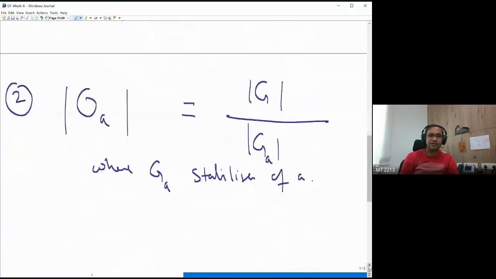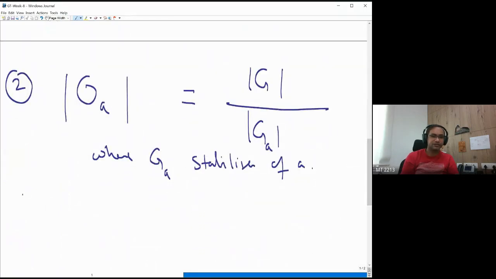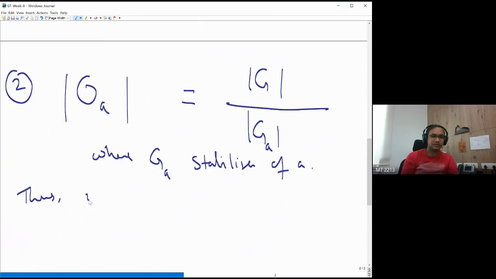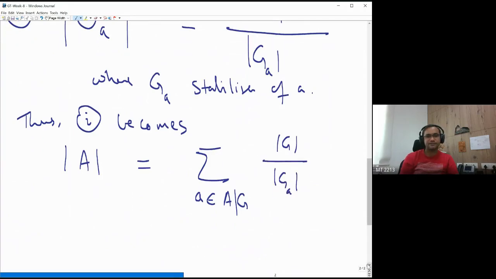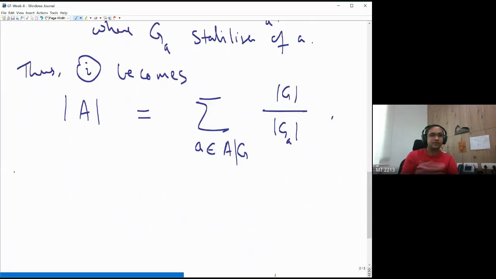So thus 1 becomes: the size of A is equal to the summation over representatives from each orbit, for which I am writing A mod G, and the size of the orbit is now going to be the order of G divided by the order of G_A. Okay, is this clear? This was the main theorem, the orbit stabilizer theorem.